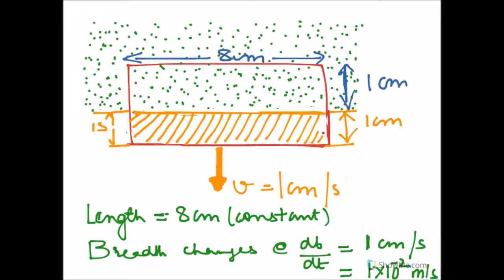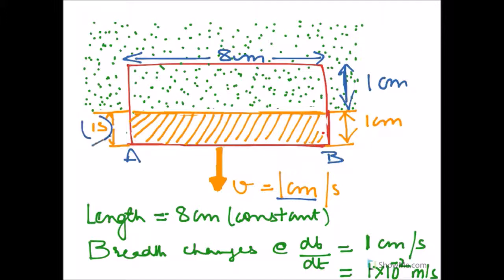Now, as the loop is getting pulled out with a velocity of 1 cm per second, that means in every 1 second, 1 centimeter of the loop is coming out of the magnetic field. So initially the EMF starts getting induced when the arm AB starts leaving the magnetic field.